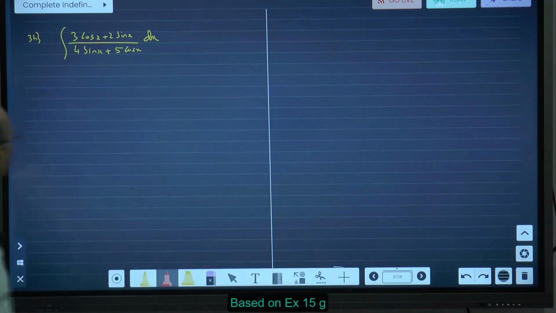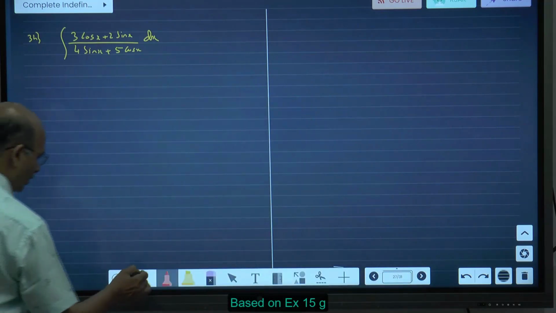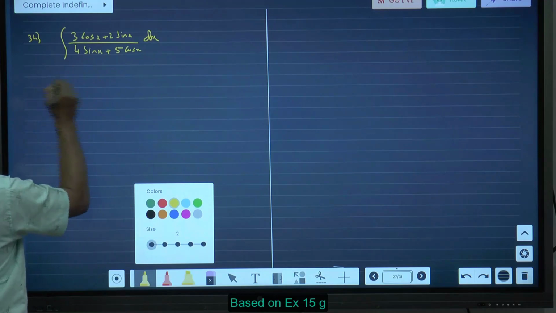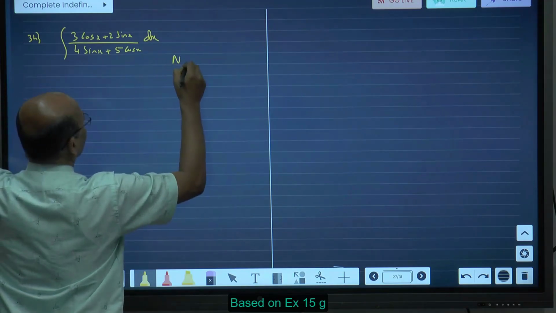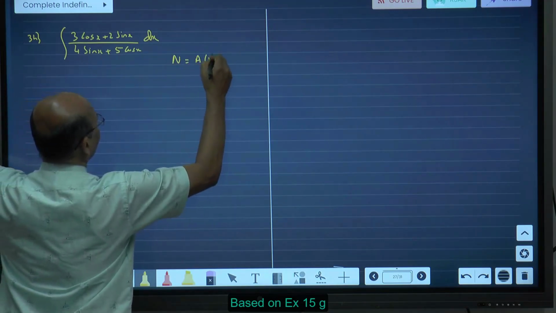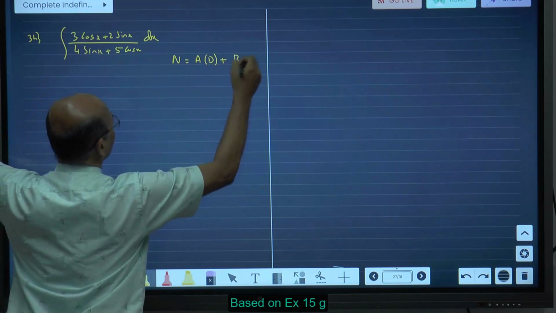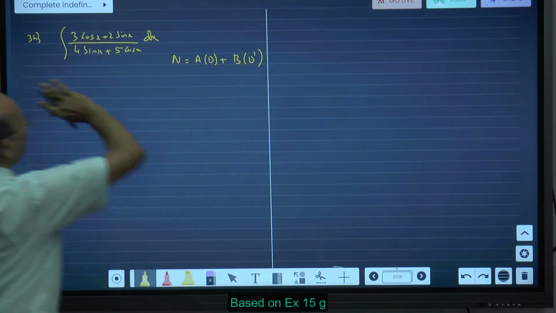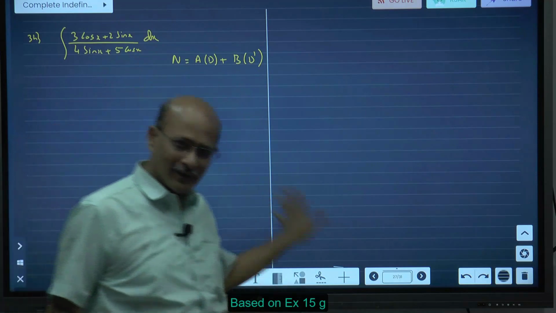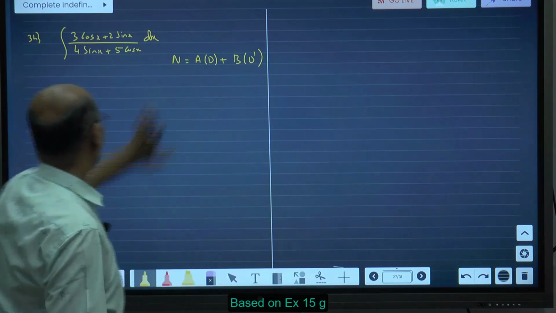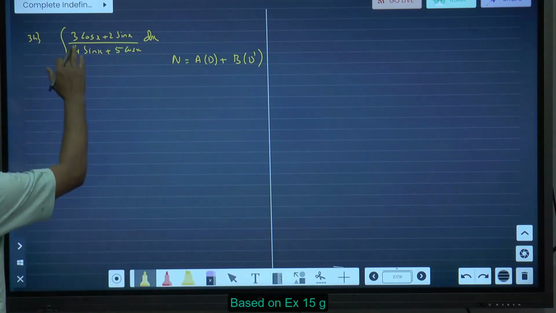Now look at this. What I said? Numerator is equal to a into denominator plus b into derivative of denominator. Very simple working, but the method is very vague. So what I write? Numerator.